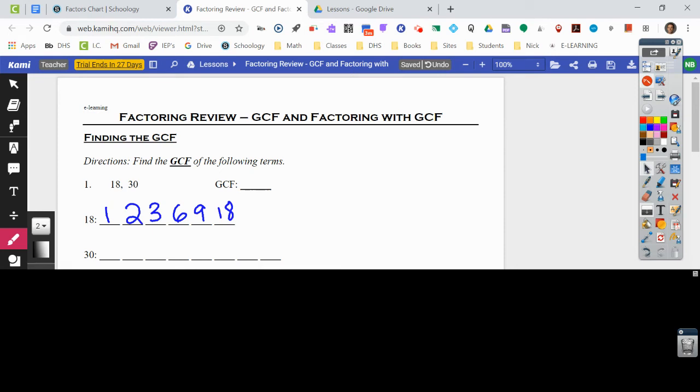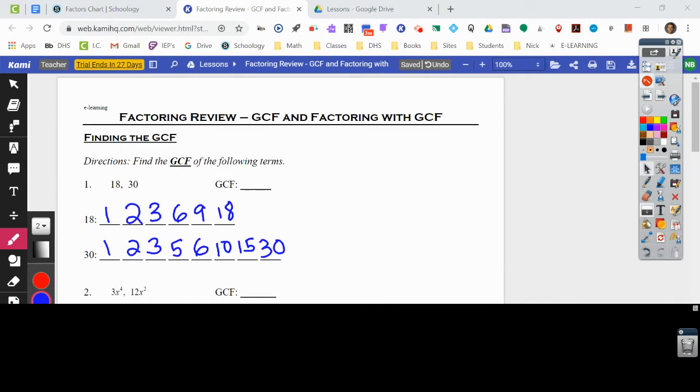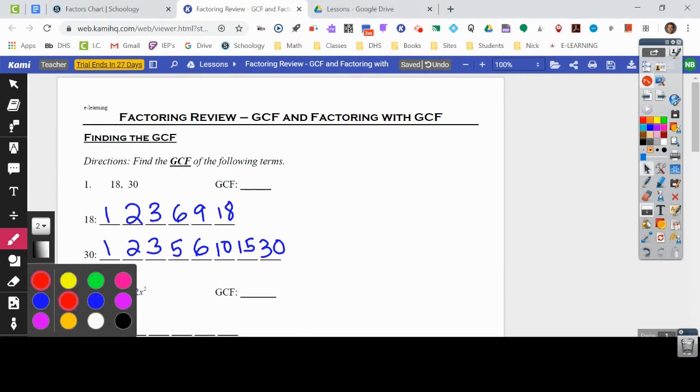We're going to do the same thing for the number 30. We have 1 times 30, 2 times 15, 3 times 10, and 5 times 6. After we list out all our factors in order, be sure to circle the GCF. Circling it gives us a better visual to find our GCF.